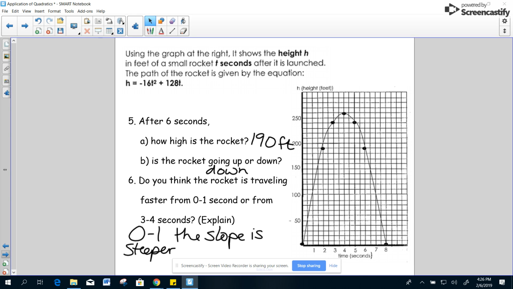At 6 seconds, the rocket is roughly 190 feet. It is on its way back down to Earth.